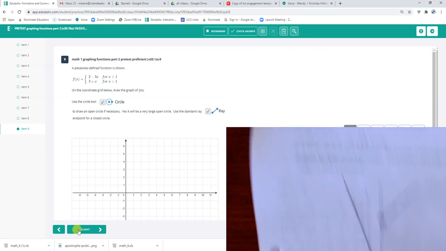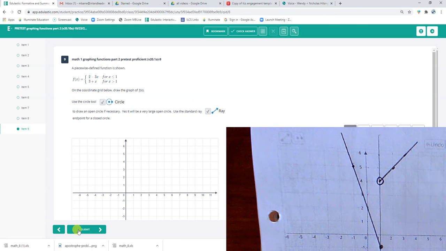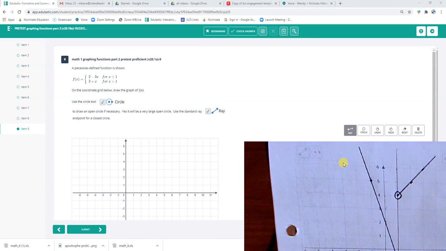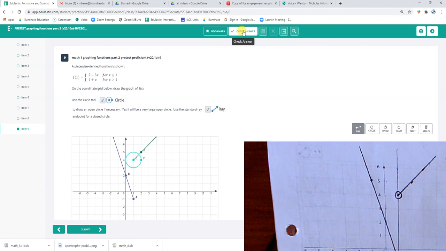This piecewise guy might be unhappy. I know that when I was making other things, they were unhappy. Let's go with the order. Okay, so we'll have to use the circle tool. And then there's supposed to be a circle right there. Let's check it and see if it works.